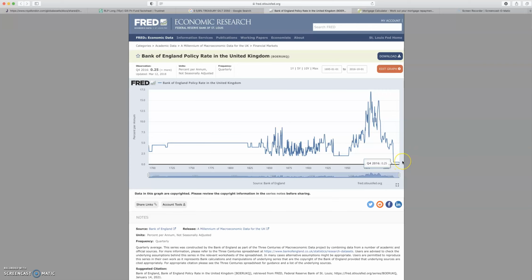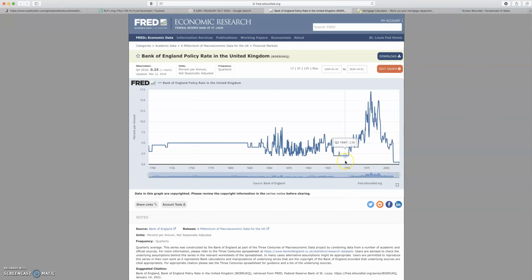Not saying it's a certainty, but in terms of probabilities, if the average minimum lending rate throughout the last 320 years has been 6%, it's the historic norm. You would have to assume that we are likely at some stage to return somewhere higher than we are at the moment in terms of 0.1%.